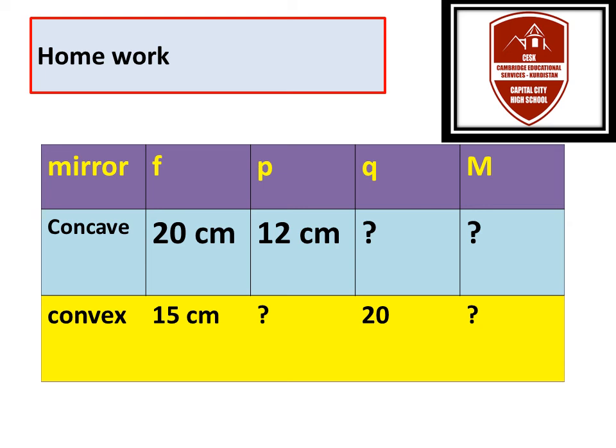So when you solve the question, listen to me, the answer for Q should be negative, and Q should be less than 12. For example, negative 10, negative 9, negative 8, any number less than 12.